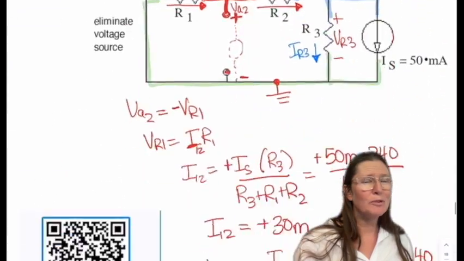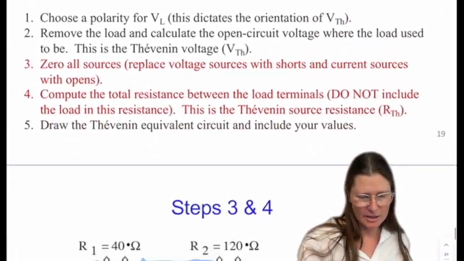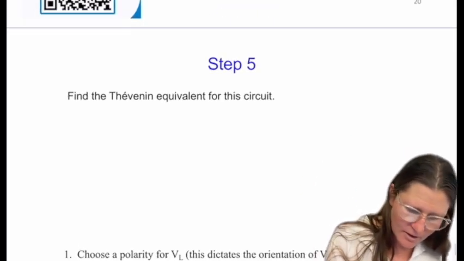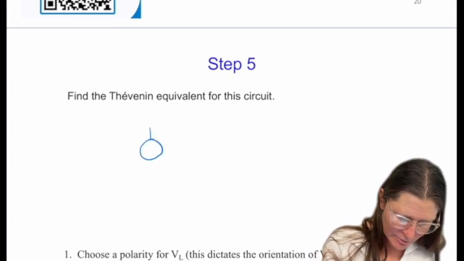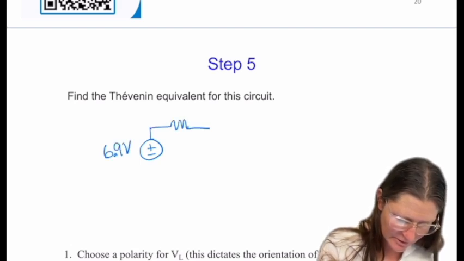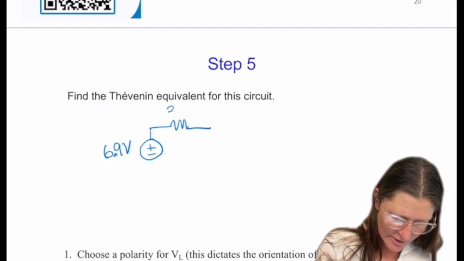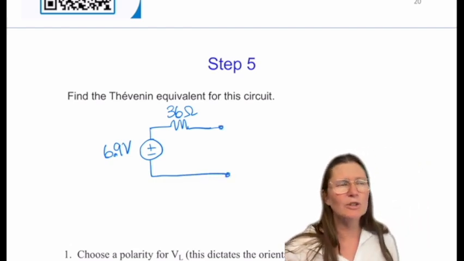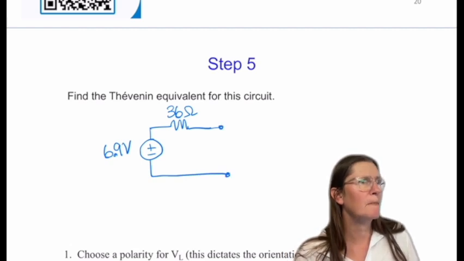Okay, so say we want to use this circuit and we want to get max power transfer. So redrawing this, we have VTH, which we found was 6.9 volts, and 36 ohms for RTH. So this is our Thevenin equivalent for this circuit.